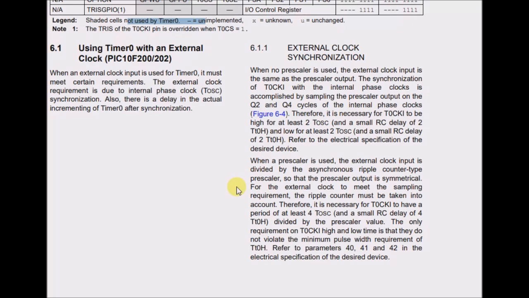The only requirement on the T0CKI high and low time is that they do not violate the minimum pulse width requirement of TT0H. Refer to parameters 40, 41, and 42 in the electrical specification of the desired device.